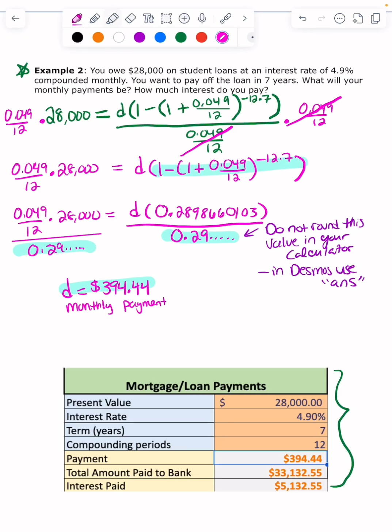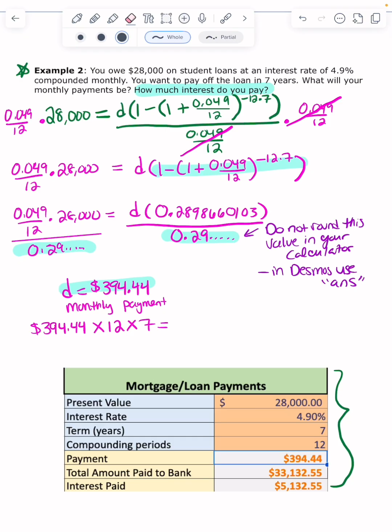But it also asks how much interest do you pay. So for that one, we need to figure out how much we're going to pay in total. So if we're making $394.44 payments, and we do that every month, and we do that for 7 years, let me plug that into the calculator.